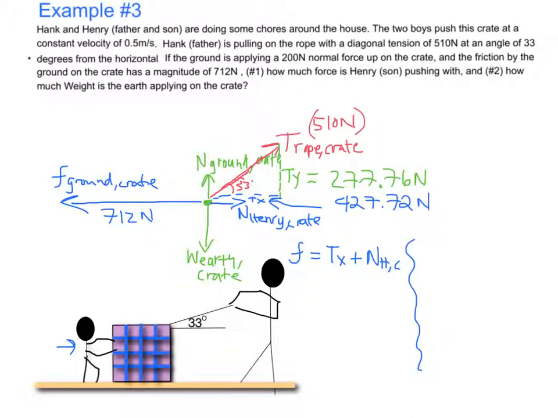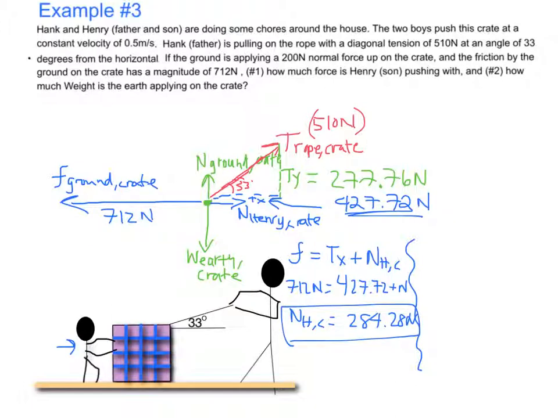So that is 712 equals Tx, which was 427.72, plus normal force. And we come out to the normal force by Henry on the crate equal to 284.28 newtons. So that's our answer for number 1.